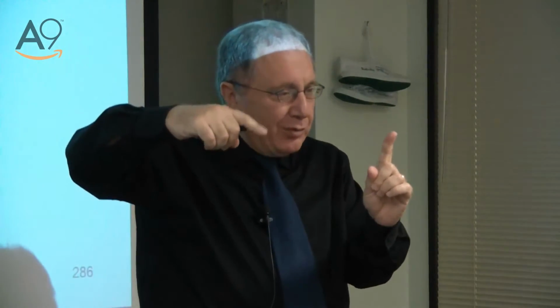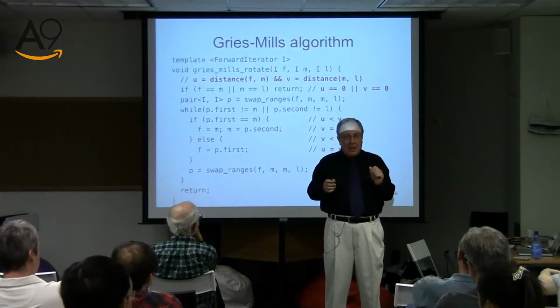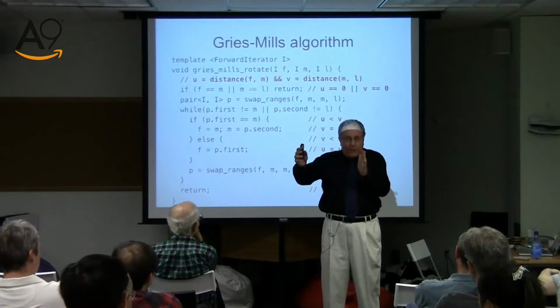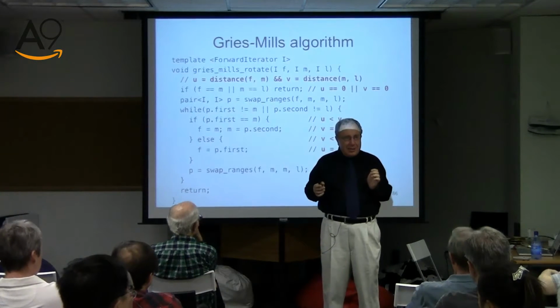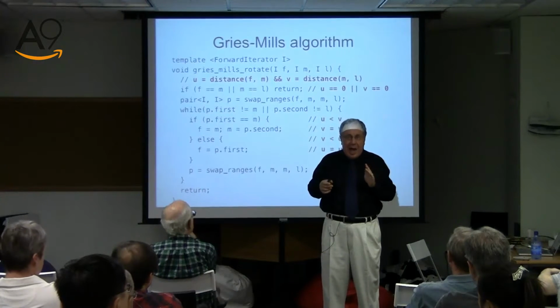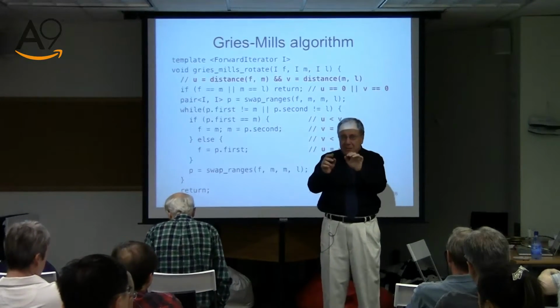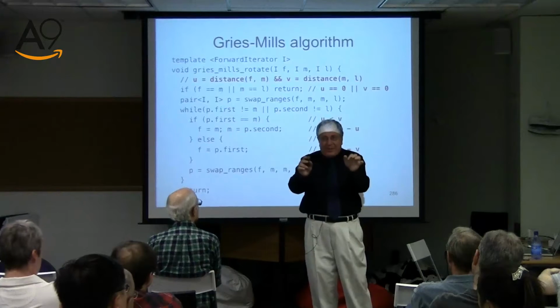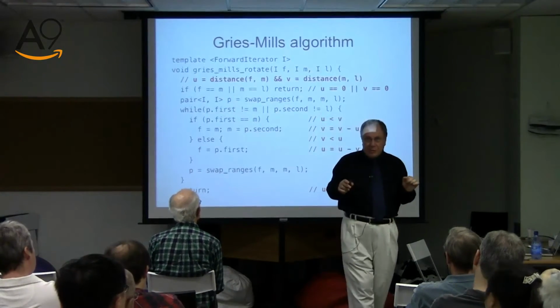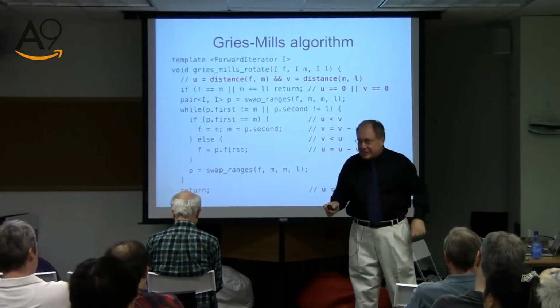What it will do is move the elements from middle to middle plus the length of first-to-middle into the final destination. But then, of course, the rest is going to be left in an unfinished state, because you will have to swap these things to exchange, to rotate these things.